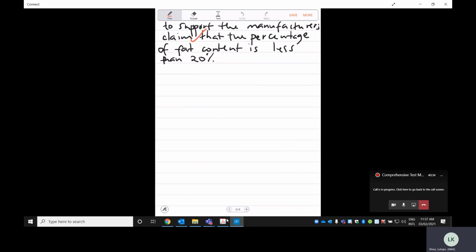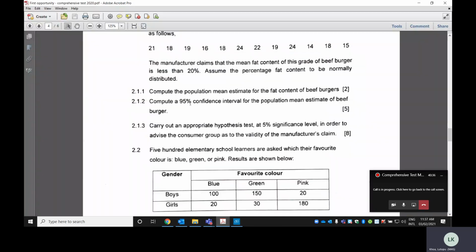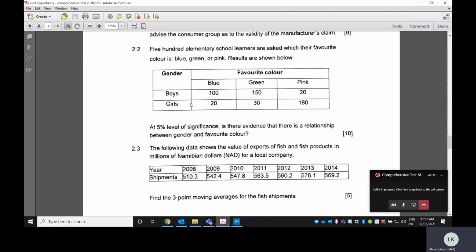Okay, then the next question, 2.2. 500 elementary school learners are asked what their favorite color is.